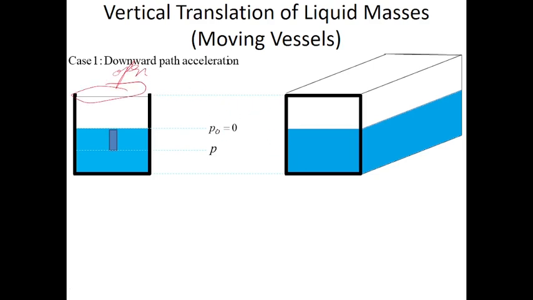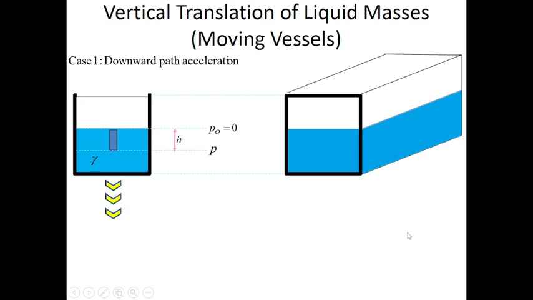Pag open yan, pressure sa surface ay zero, no? And in that case, ito yung ating pressure head, H, at meron tong specific weight, yung liquid na yan. At ito yung direction of travel of the tank.